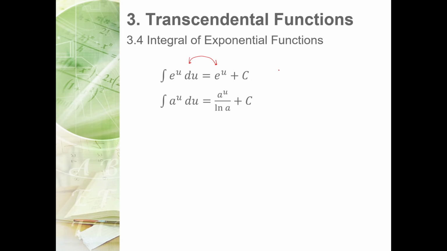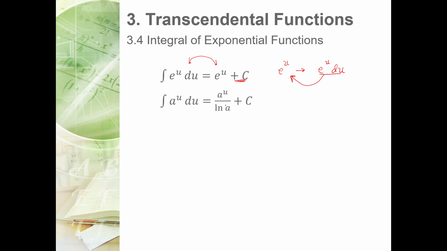Recalling our derivatives, the derivative of e to the power of u is e to the power of u du, right? When we integrate, we go back to e to the power of u. Then plus c because if we try to derive c, it becomes zero anyway, right? The derivative of a constant is 0.